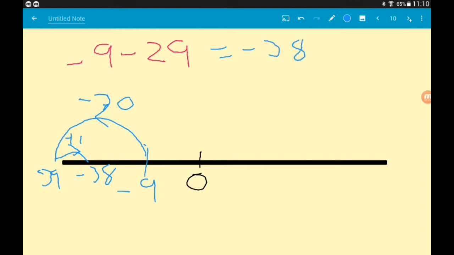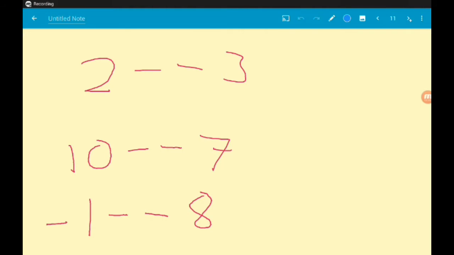Okay, now let's have a look then at what a double negative is. So these here are examples of double negatives. Whenever you've got two negative signs sat right next to each other with nothing between them, this is a double negative. So 2 minus minus 3 becomes 2 plus 3.